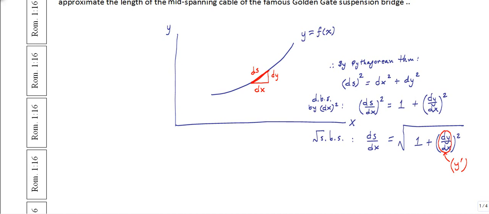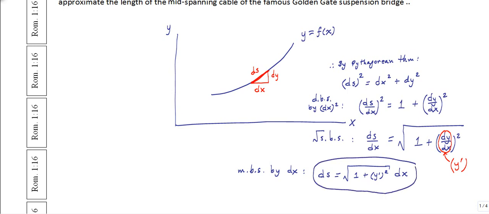So if I multiply both sides by dx, I get ds is equal to the root of 1 plus y prime squared, all in the radical, times dx. Here is a nifty little expression whereby if I now integrate both sides of this, I can find s, where s is our arc length.